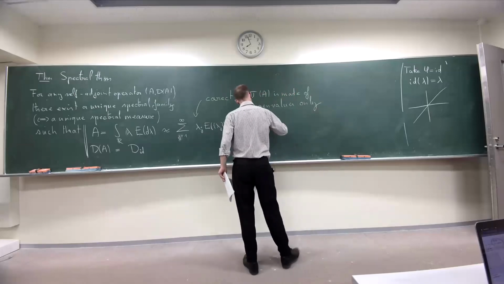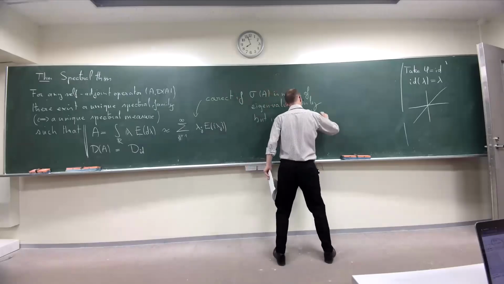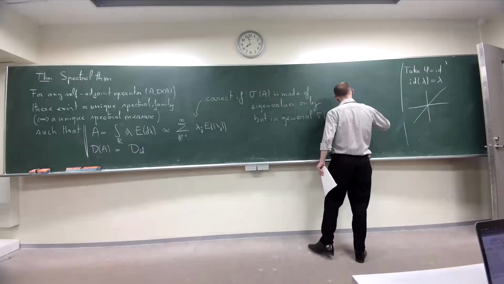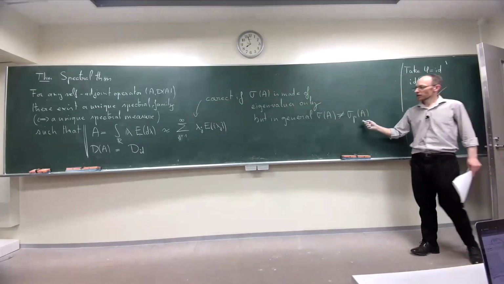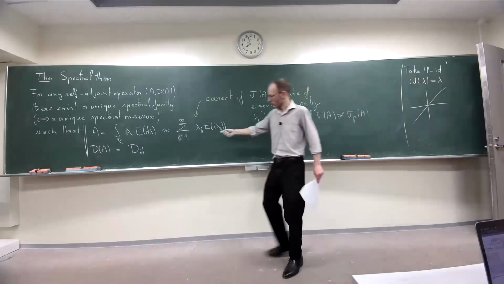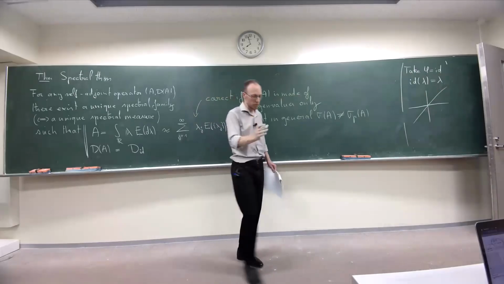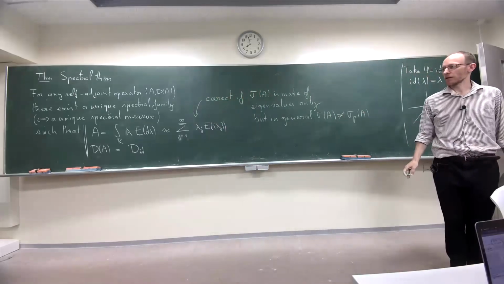But in general, the spectrum of A is different from the point spectrum of A. And for the spectrum which is not an eigenvalue, you cannot write this, but we have given a meaning to this with this Riemann integral.